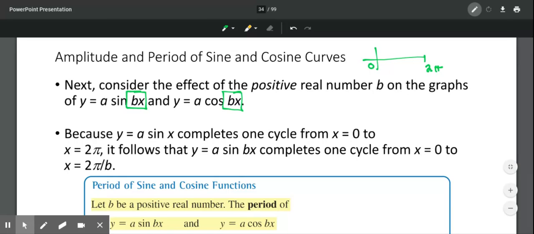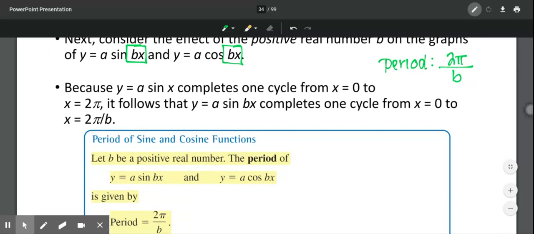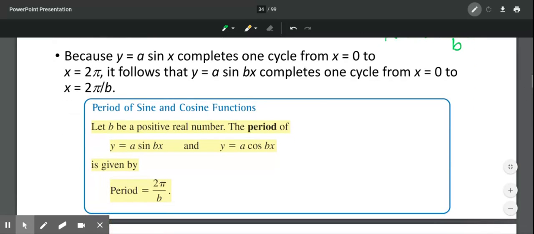And so if we're compressing or stretching, what happens is our period changes from 2 pi, right? So your period of your graph changes to be 2 pi divided by whatever that b value is. And that's what this little box says right here, that the period of your graph is 2 pi over b. And so again, if you have y equals the cosine of x, technically in front of your x value is a 1, which is your b value.